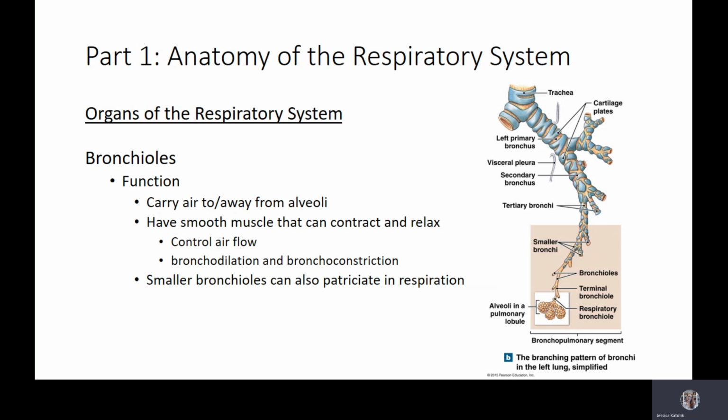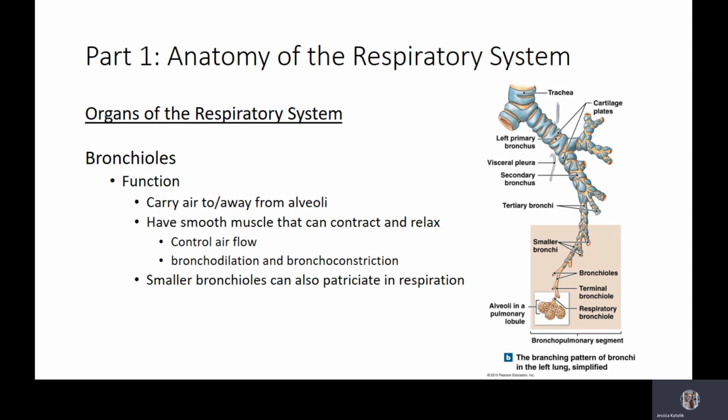We need a good match between blood flow and airflow so that we can supply just the right amount of oxygen and get rid of the right amount of carbon dioxide, depending on our body's needs.